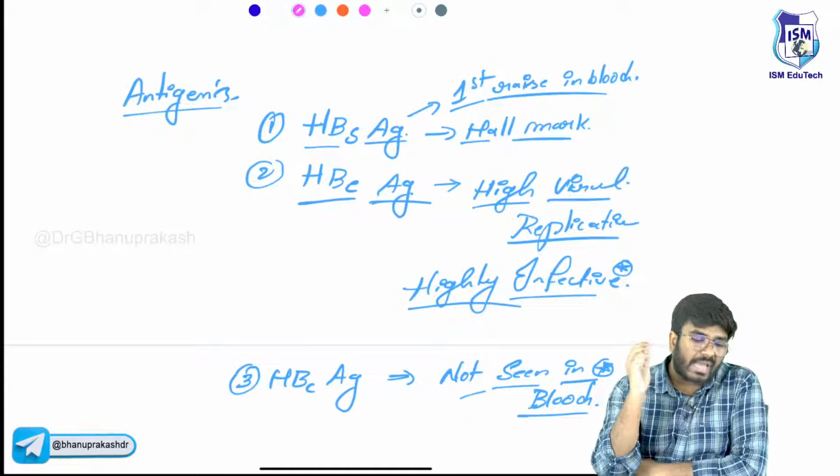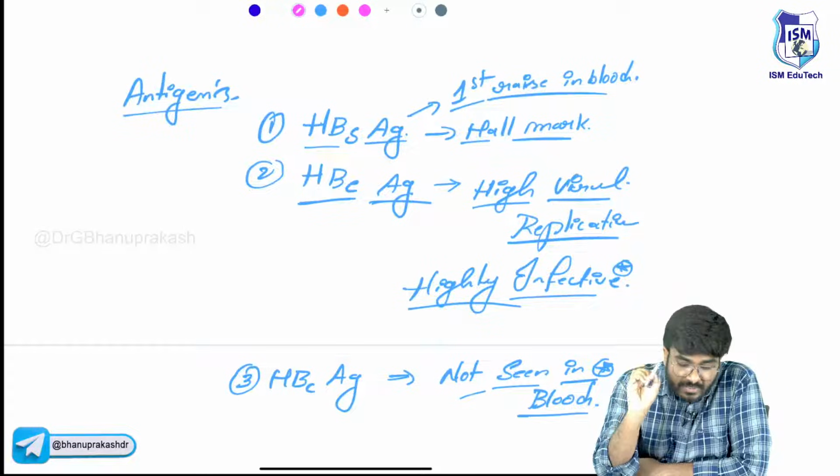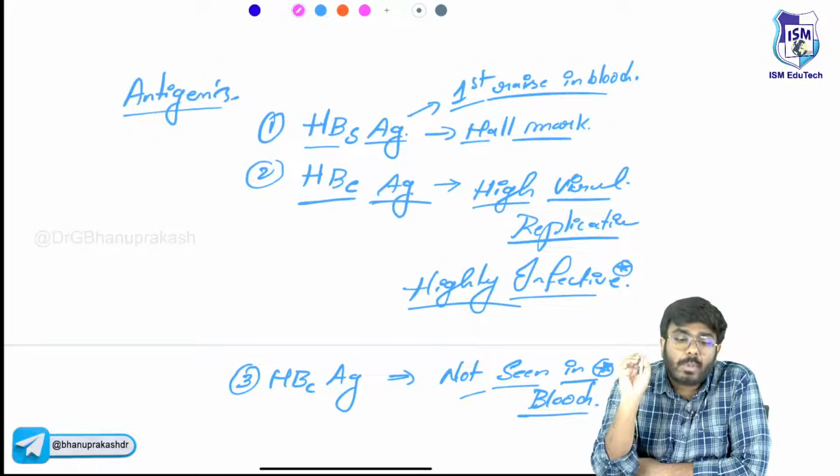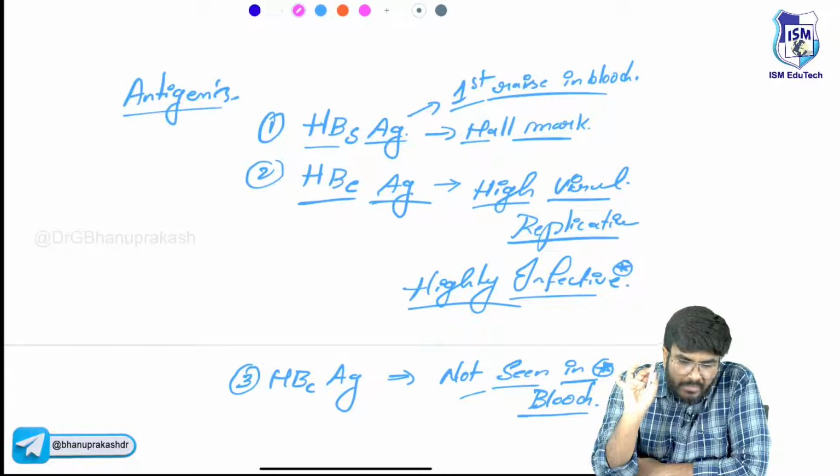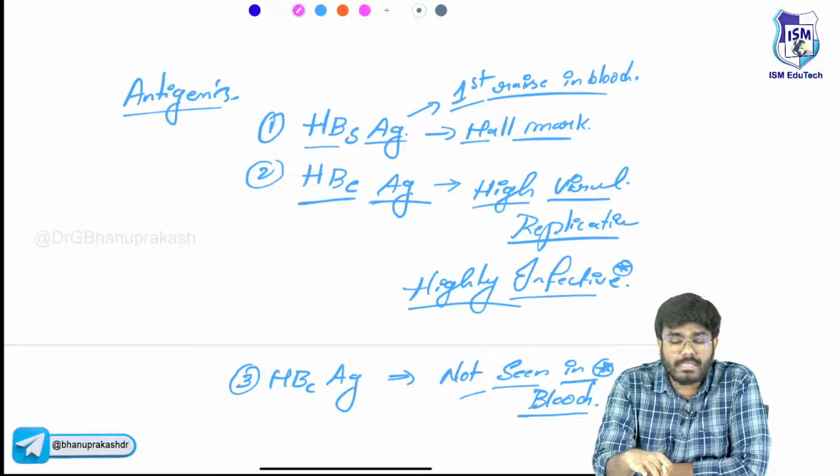Now I have explained that the hepatitis B surface antigen is a hallmark of the infection. It is the first to rise in the blood.